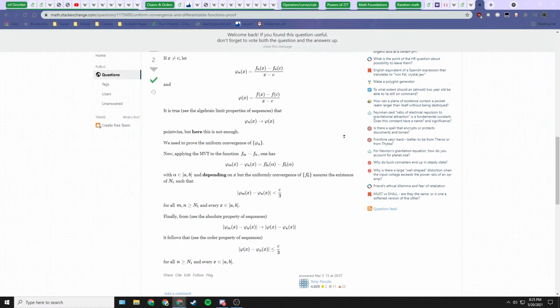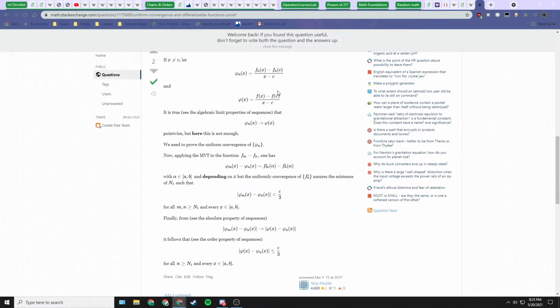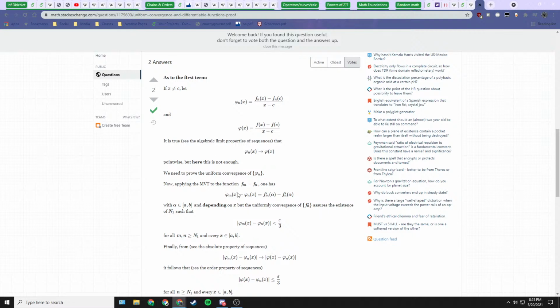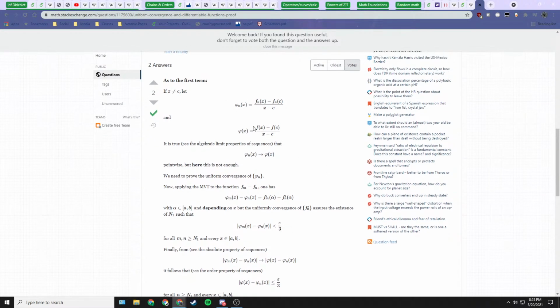So actually, instead of showing that this sequence converges to this, what you want is to show that for different n and m, the differences of different terms are comparable just to the differences of these derivatives.